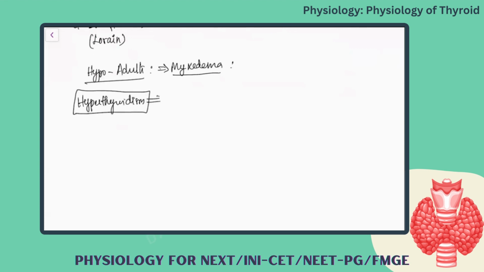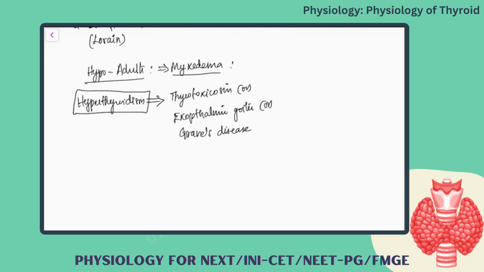In hyperthyroidism, you will see the condition called thyrotoxicosis or exophthalmic goiter, also called Graves' disease. Okay, clear?